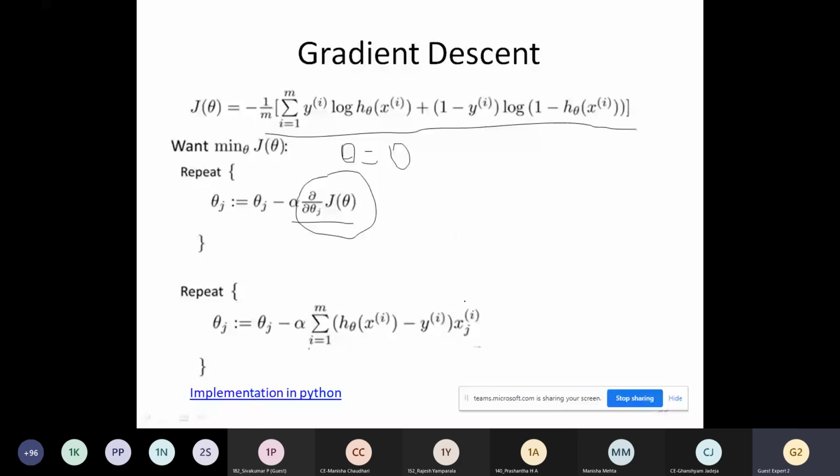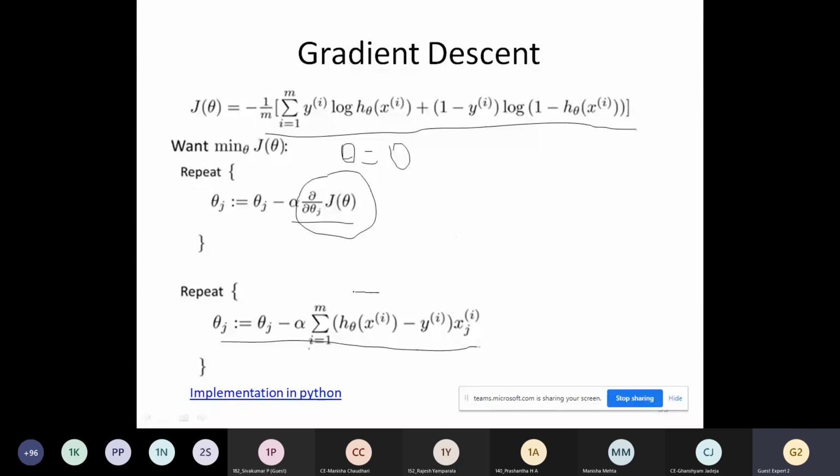If you take the derivative with respect to theta 1, you will get theta 1 is equal to theta 1 minus alpha times sigma i equal to 1 to m, 1 upon m, of h theta of xi minus yi times x j of i. So it is the same equation which we got with linear regression.